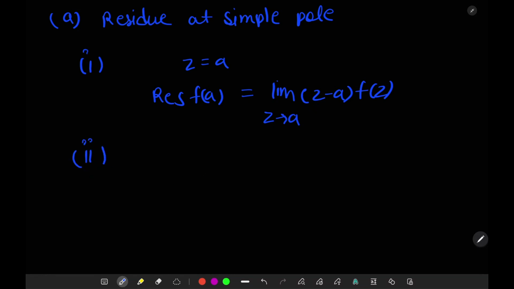Now the second case for a simple pole. Residue at z = a is equal to phi(a) divided by psi'(a).